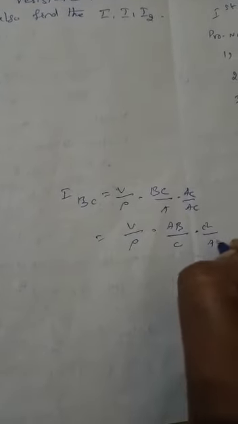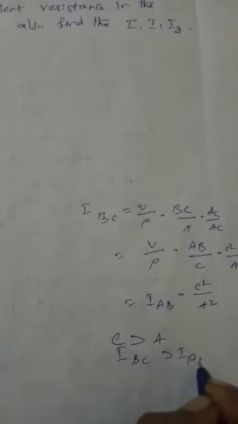If we multiply and divide equation 2 by AC, what do we get? IBC is equal to V by rho into BC by A into AC by AC, which can be written as V by rho into AB by C into C squared by A squared. This fully becomes IAB, so IBC is IAB into C squared by A squared.